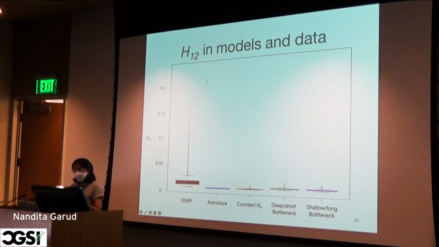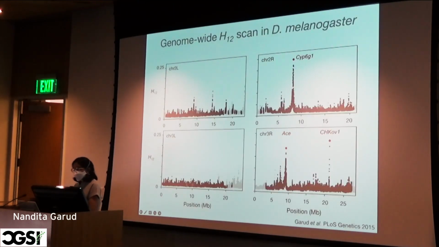So given that we see this very long tail that cannot be explained by models that reasonably fit the data, we next turn back to our data to see whether these peaks are outstanding compared to outliers in the simulations.